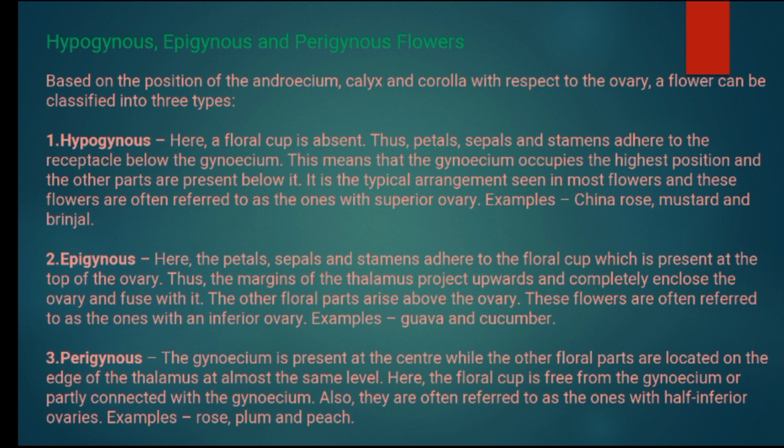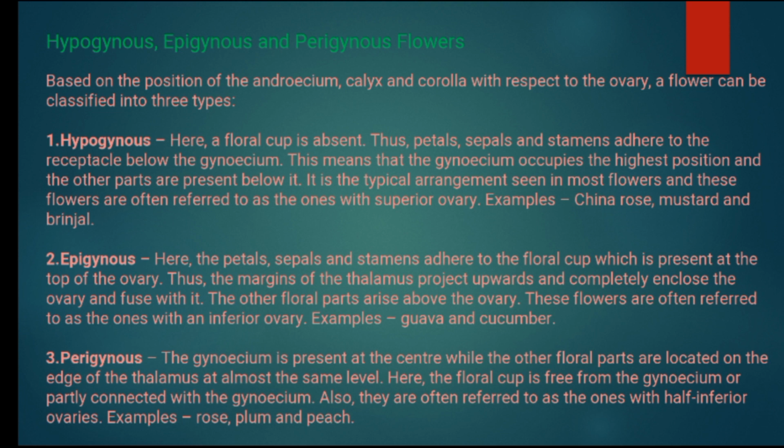It is also a Greek word. Hypo means below, gyne means what? That is the gynoecium or the carpel or the pistil. So such flowers have the ovary present below, and all the other floral whorls, calyx, corolla and androecium, are present above the ovary.